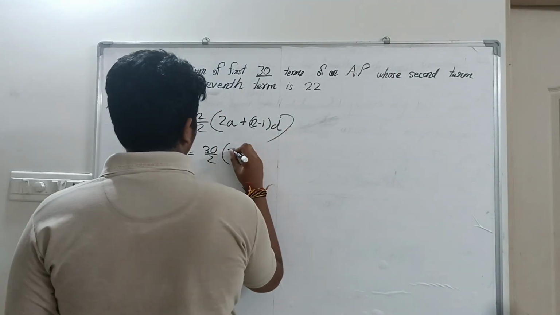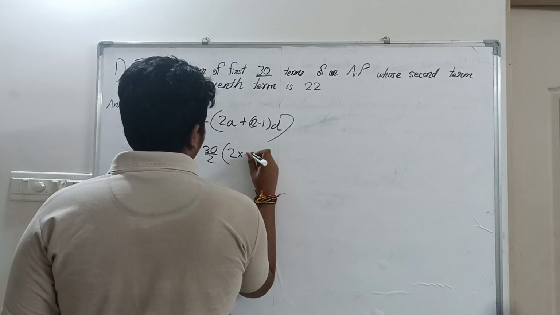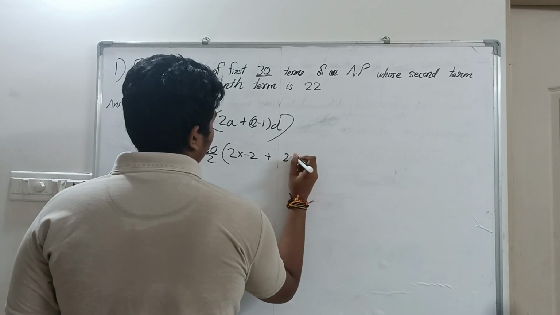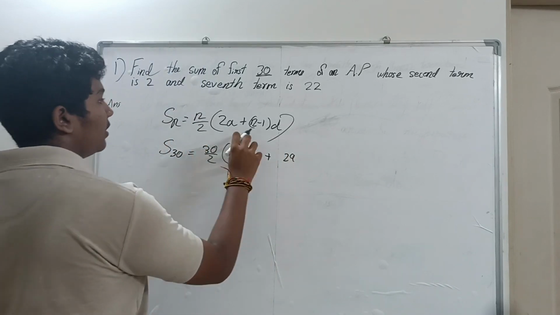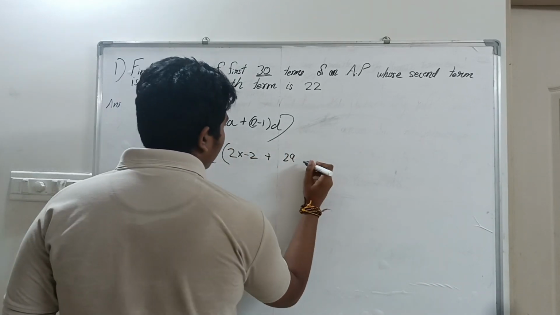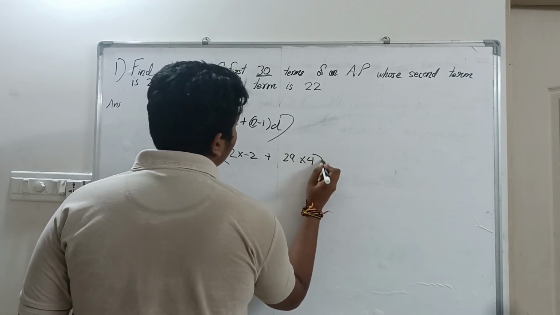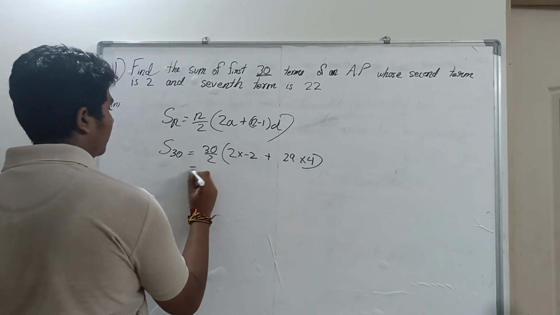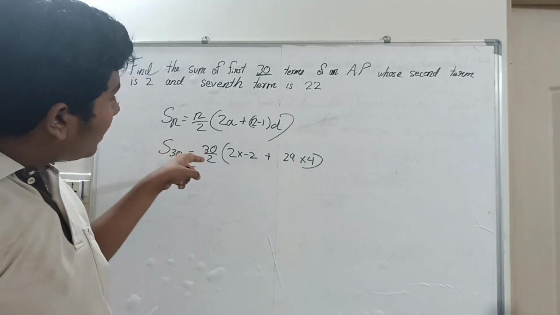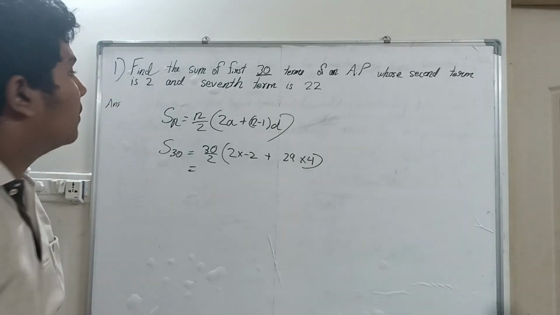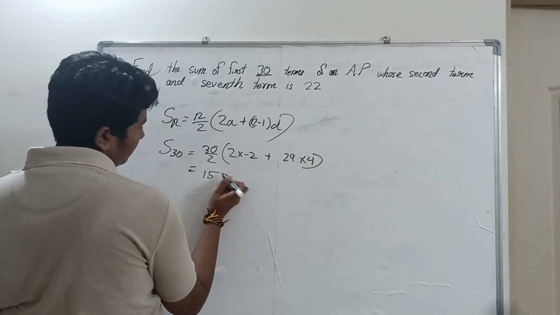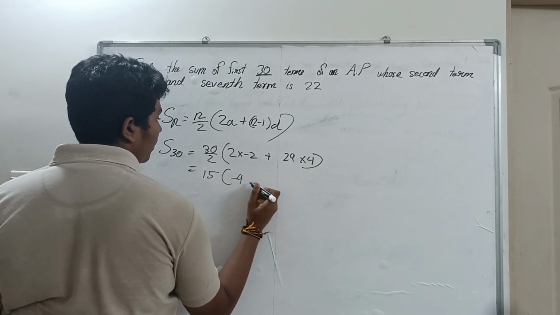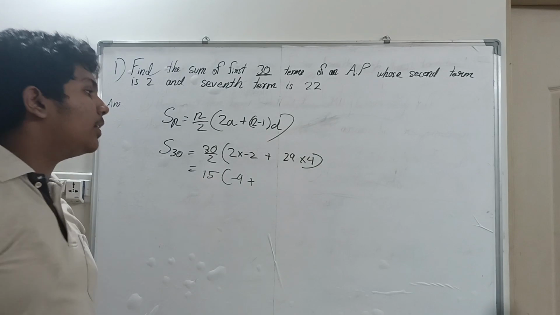So 2 into minus 2 plus 29, because 30 minus 1 is 29, into 4. So how do you solve it? If you just divide, you will get 15, right? So 15 into minus 4 plus, what is 29 into 4?